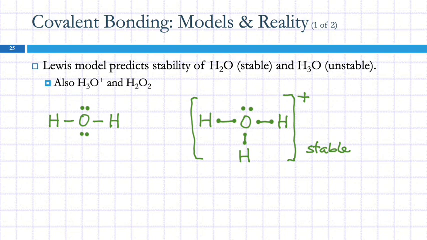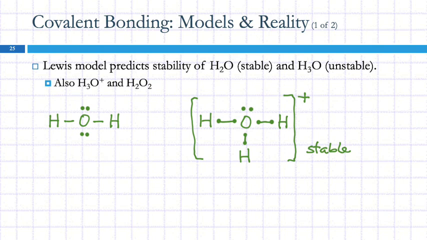The brackets are to keep the charge out of the dots so they don't get all mixed up in each other. We wouldn't want a negative sign to look like a stray single bond or something. That's how we would properly write it. This would be the proper way to write the Lewis structure for H3O+, which happens to be called the hydronium ion, and that is stable.